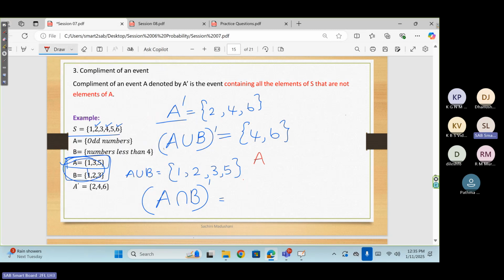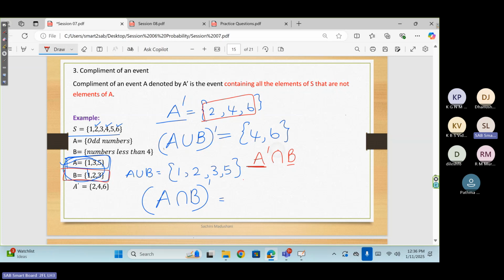Then how do we write this one? A dash intersection B. It means what? First we write down what are the elements in A dash. A dash means 2, 4, 6. Then what are the elements in B? 1, 2, 3.